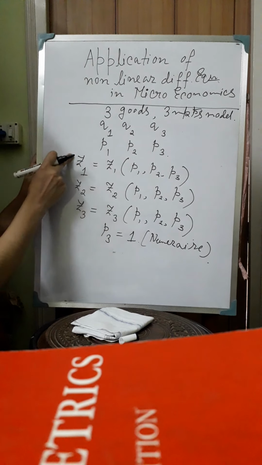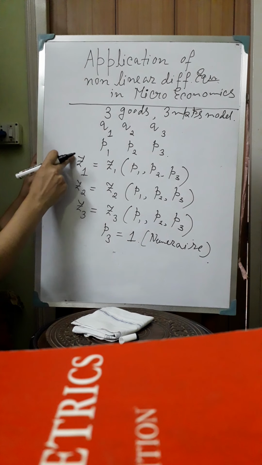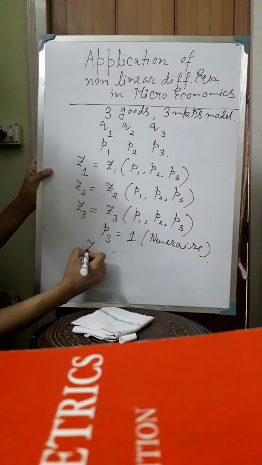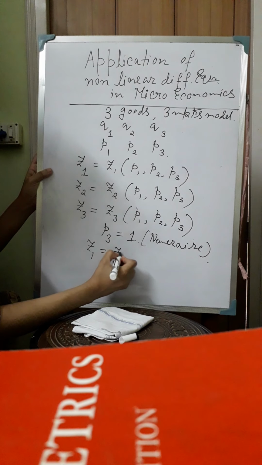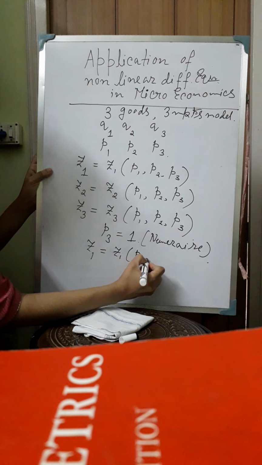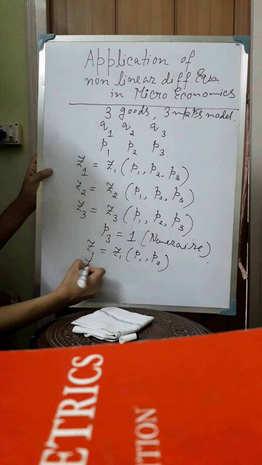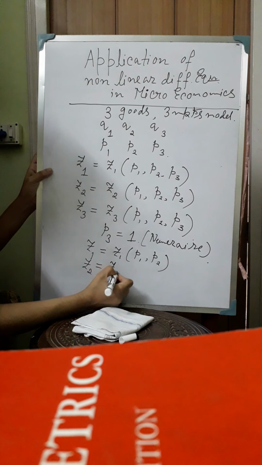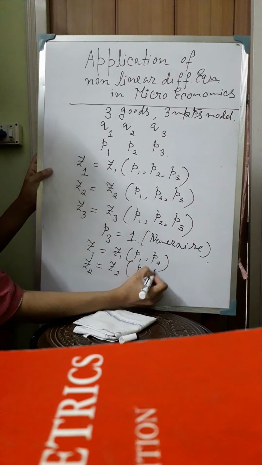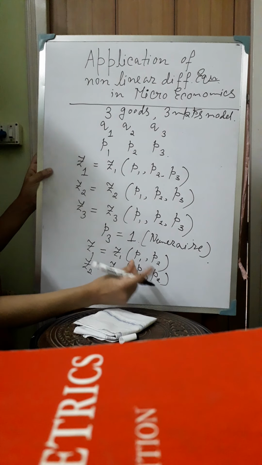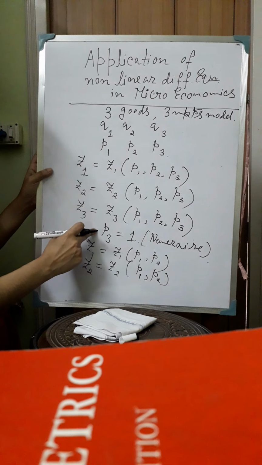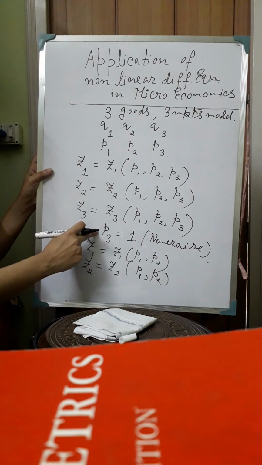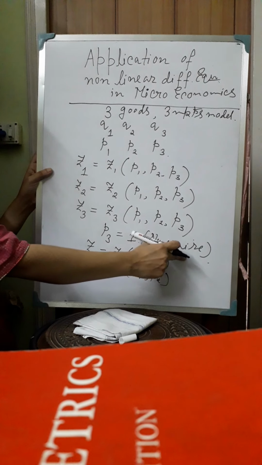So then we can rewrite the demand equation for commodity 1 and commodity 2 as Z1 is a function of P1, P2, and Z2 is a function of P1 and P2. Here we are not considering P3 because by assumption we are taking P3 as 1. So P3 is numerical here.